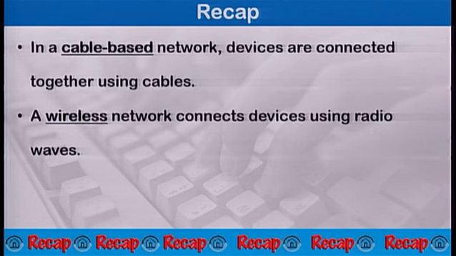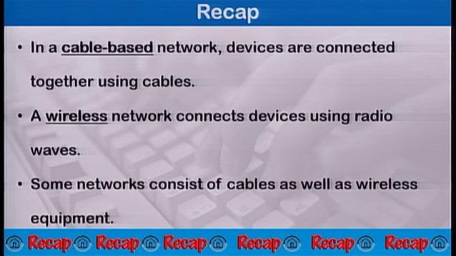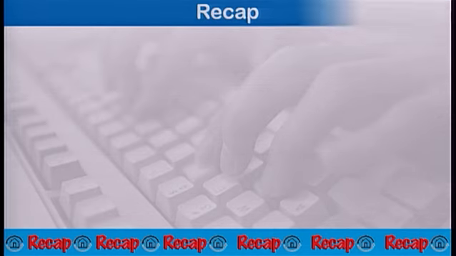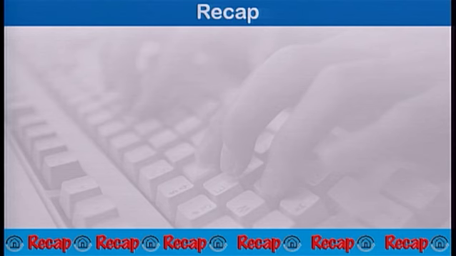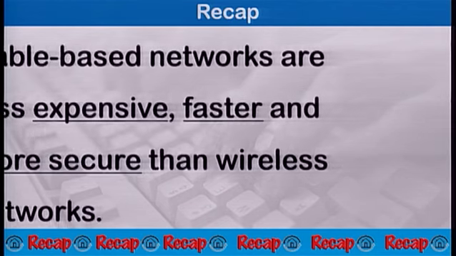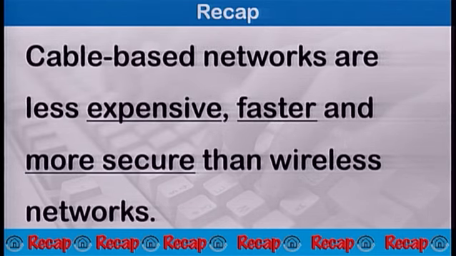A wireless network connects devices using radio waves, but there are also some networks that consist of cables as well as wireless equipment. Comparing wireless and cable-based networks, we saw that cable-based networks are less expensive, faster, and more secure than wireless networks.